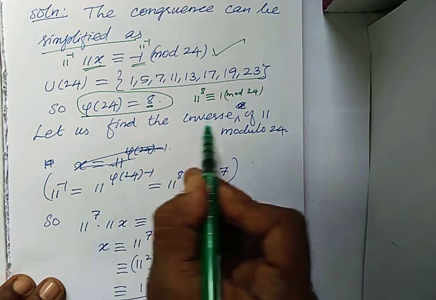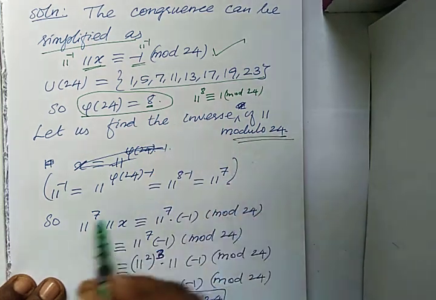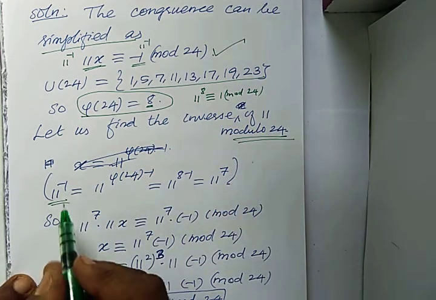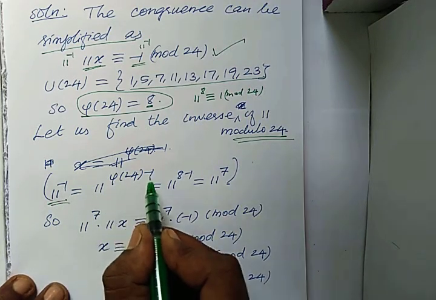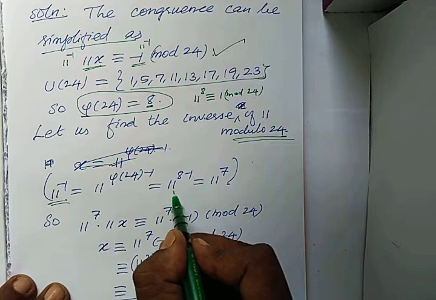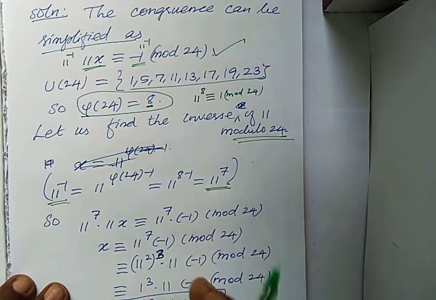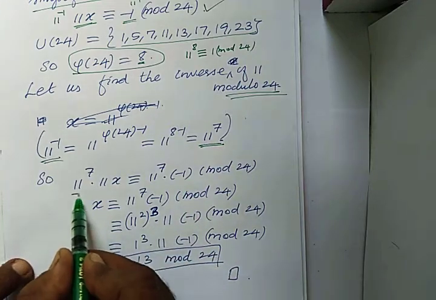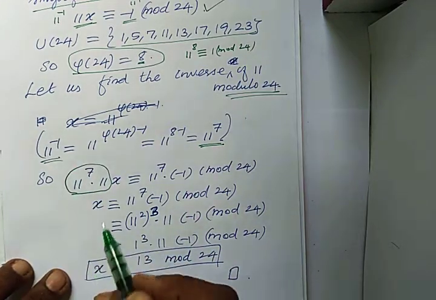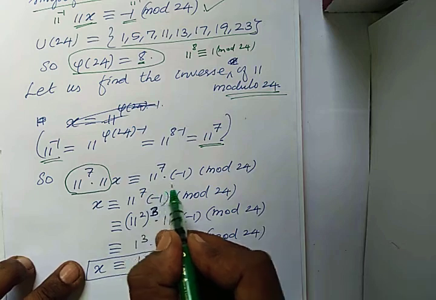Let us find the inverse of 11 modulo 24. That is 11 to the power phi of 24 minus 1, that is 11 to the power 7. I am multiplying 11 power 7 on both sides. This becomes 1, so we have got our x.